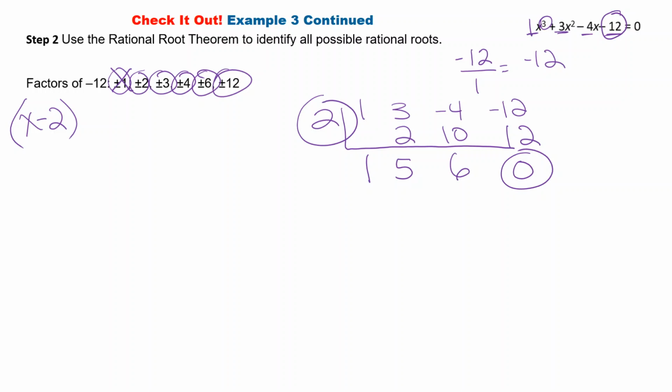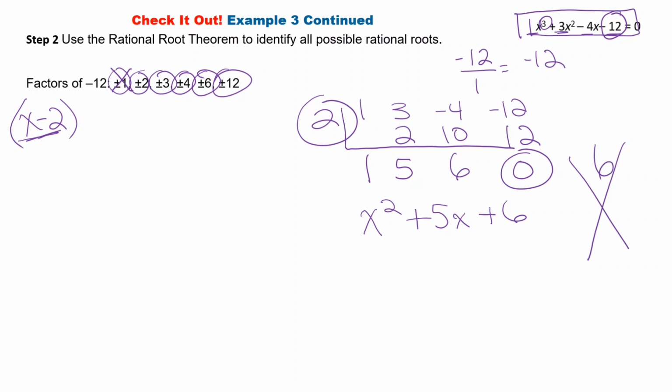Now, remember this original problem started out with x to the third. Once we divide it by x minus 2 using synthetic division, this changes to x squared, so we end up with x squared plus 5x plus 6. I can easily factor that.